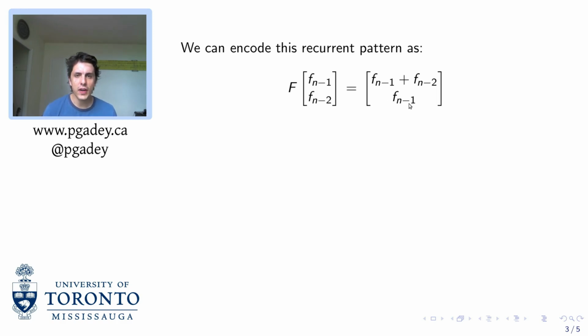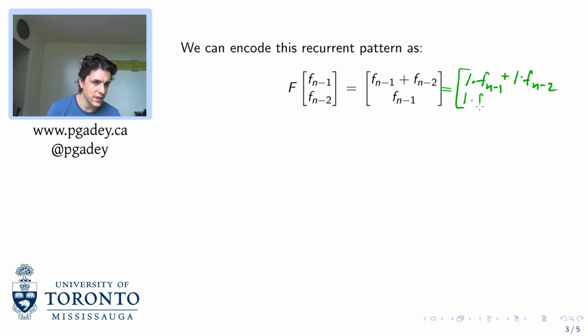If we want to take this right-hand side and write it in a more linear algebra way, we can write it as 1 times fn minus 1 plus 1 times fn minus 2, and 1 times fn minus 1 plus 0 times fn minus 2.